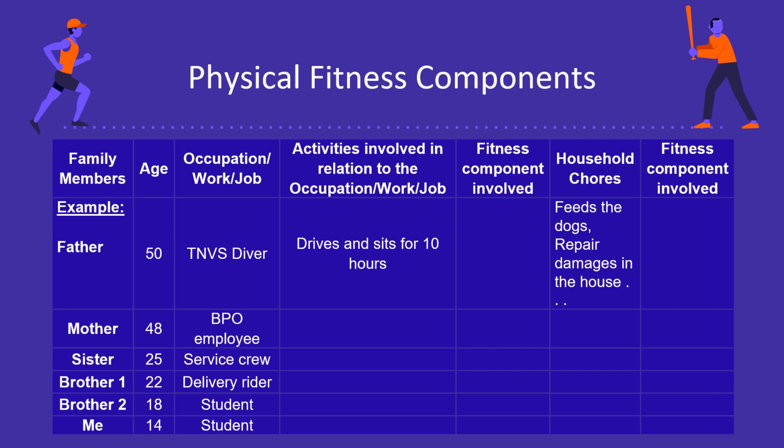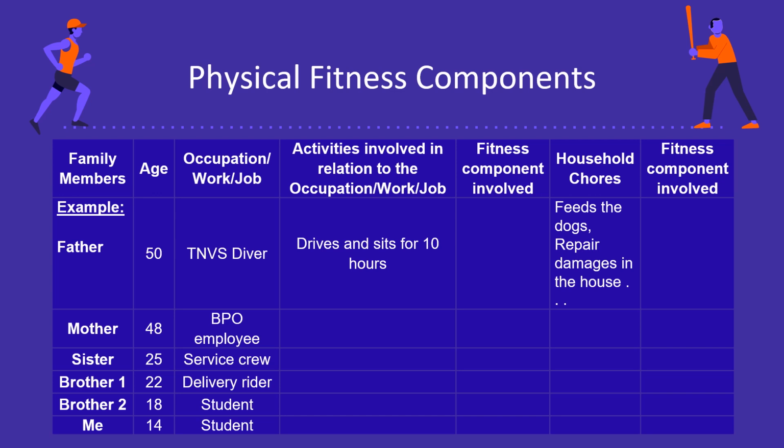So ito yung example ng table natin. So family members, age, occupation or job, activities involved in relation to the occupation, fitness components involved. Household chores, fitness components involved. So, may mga example na nakalagay. So, ilalagay sa paggawa nyo ng sarili nyong table, ilalagay nyo kung ilan yung family, yung pangalan ng family members nyo at yung edad nila.